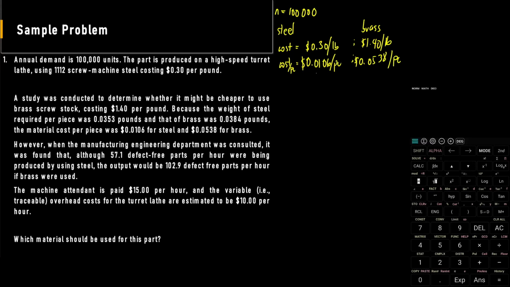Ginawa dito hanggang 4 decimal places dahil i-relate natin siya dun sa 100,000 units. Next pala yung weight natin per piece ay 0.0353 pounds per piece.